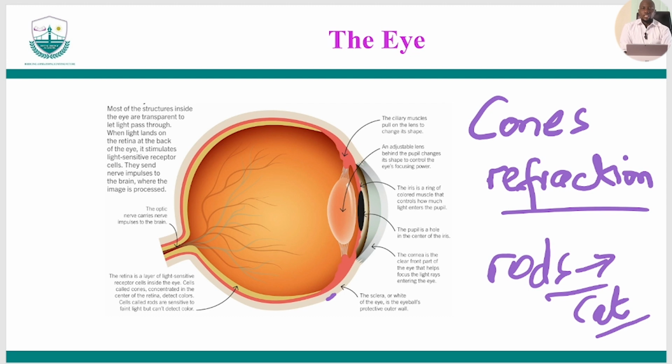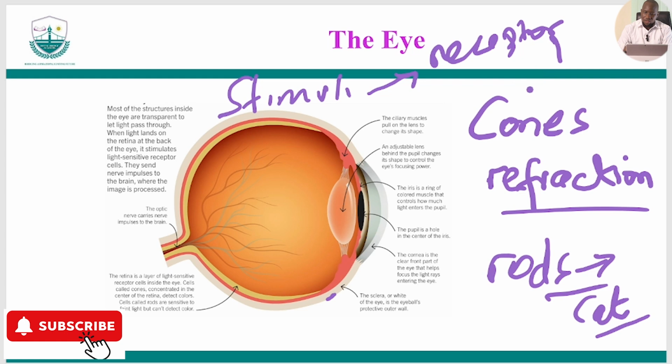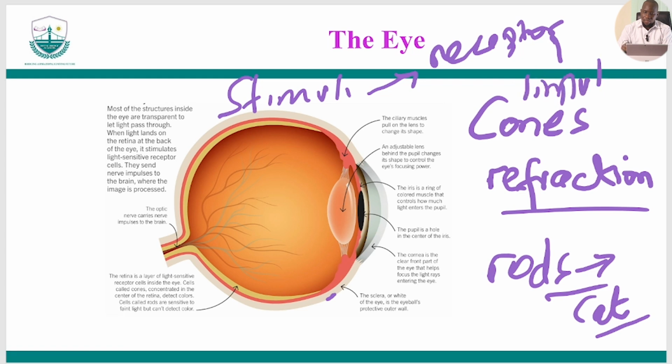Remember that in coordination, our focus usually is that you have stimuli. This is detected by receptors, and then from the receptors you have the impulses that follow. So the message is carried in the form of impulses, and we are saying that the message is carried to the brain using the optic nerve.